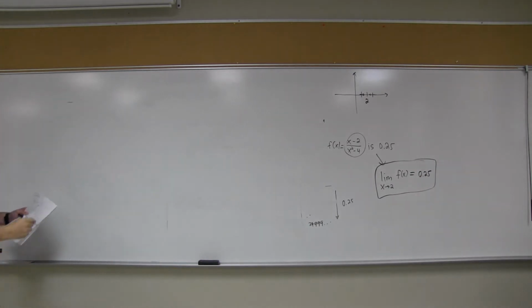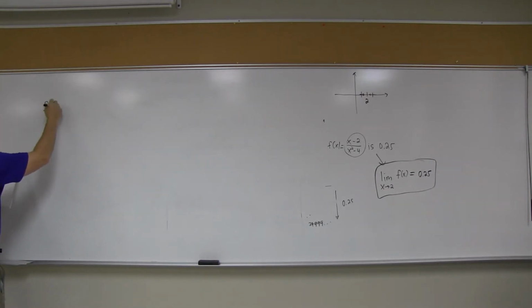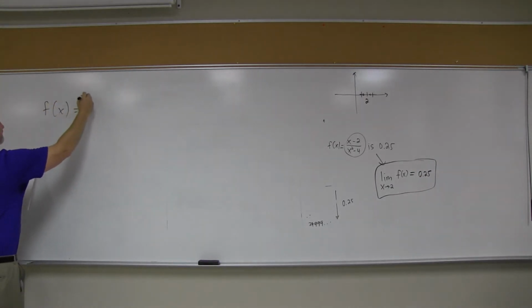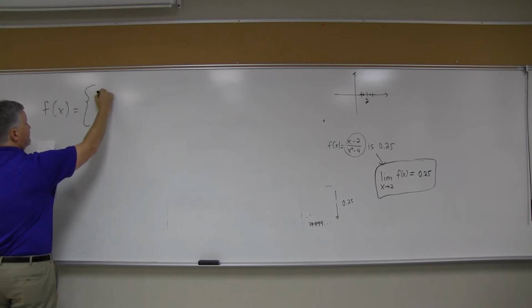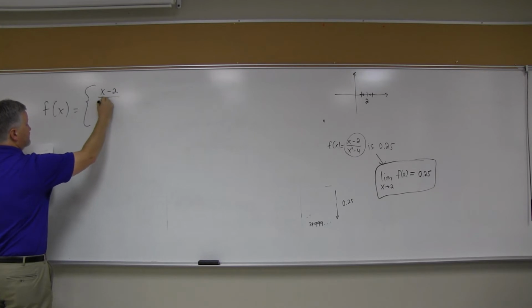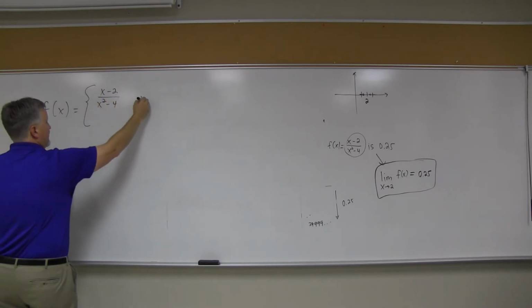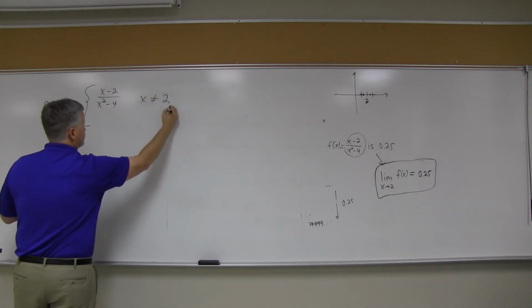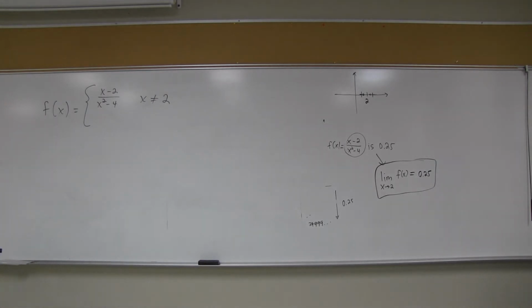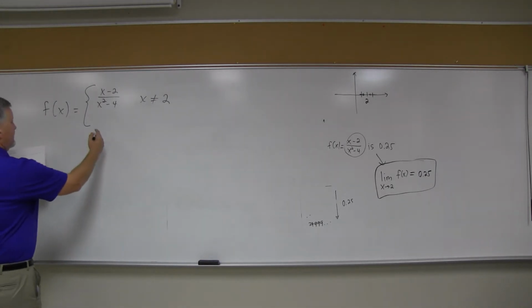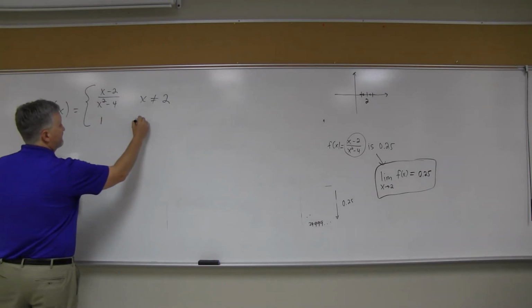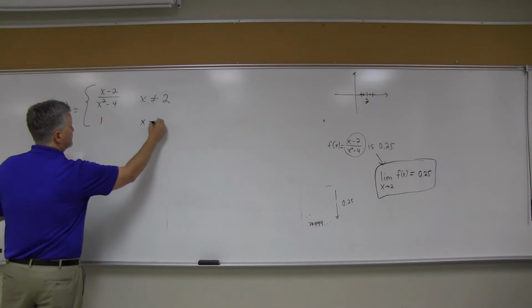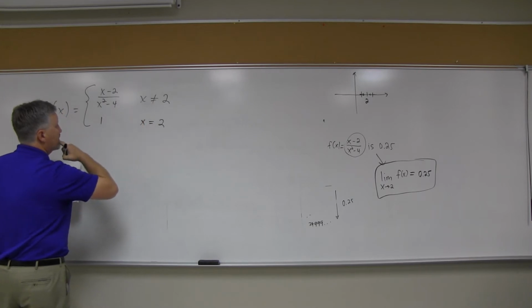All right, so let's say our function is, we're going to define it as a piecewise function, where the first part is the same function, and that's for x not equal to 2. So that's the first piece. And then the other piece is f of x equals, doesn't really matter, 1 if x equals 2.